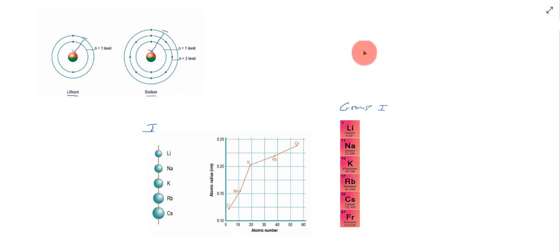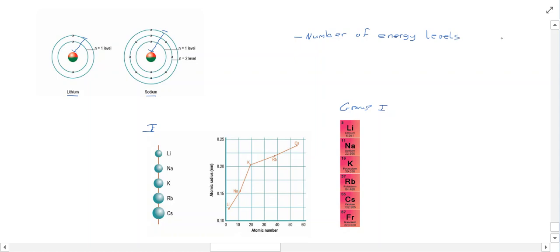Number one, the number of energy levels occupied.